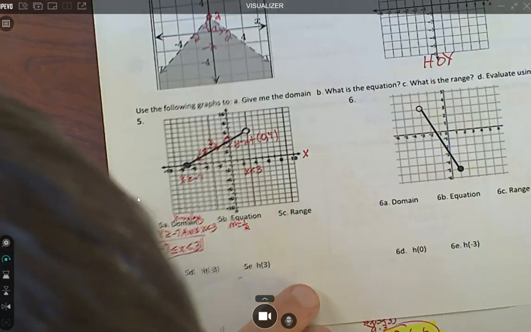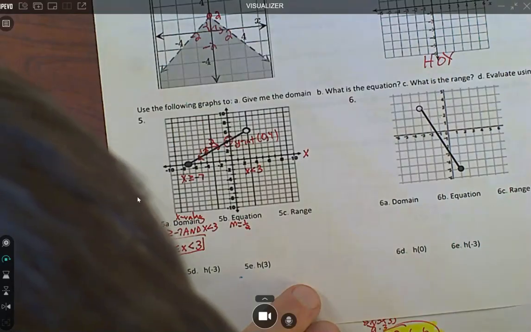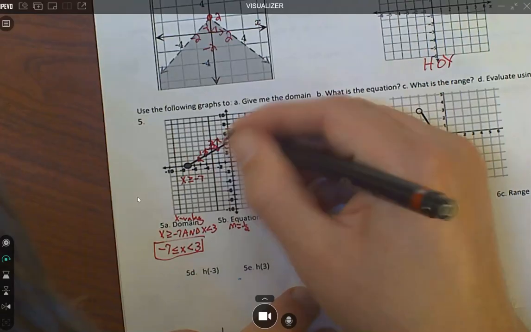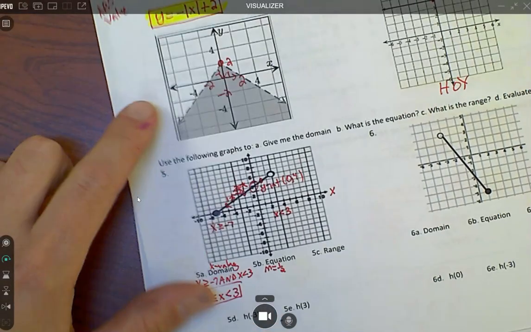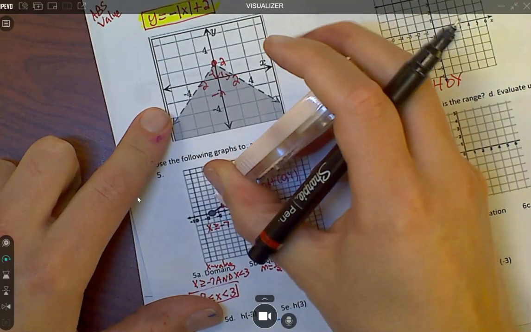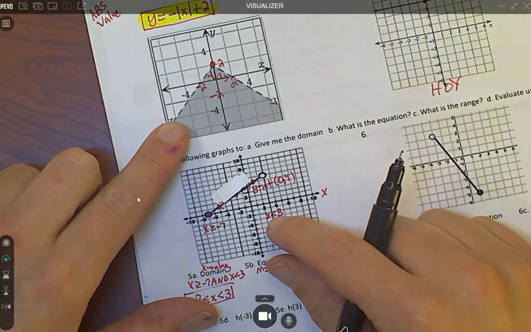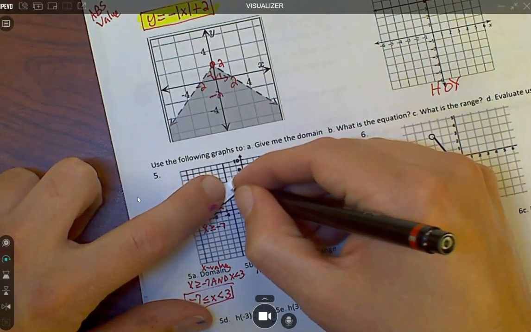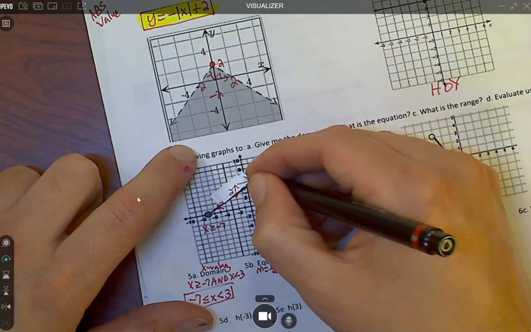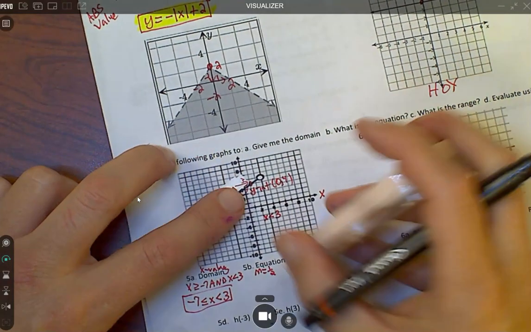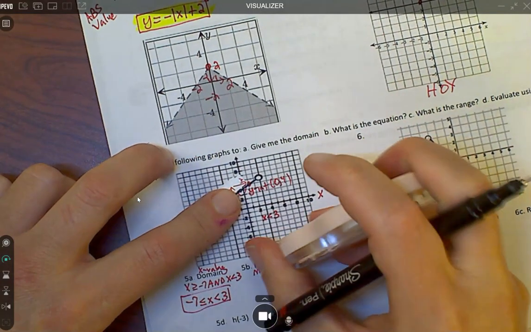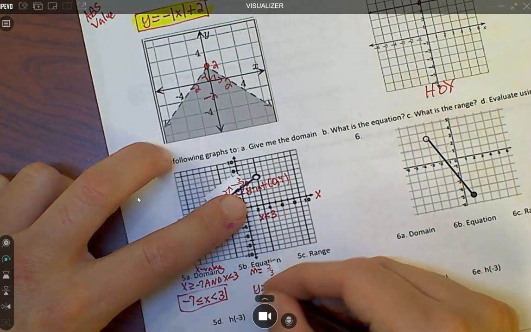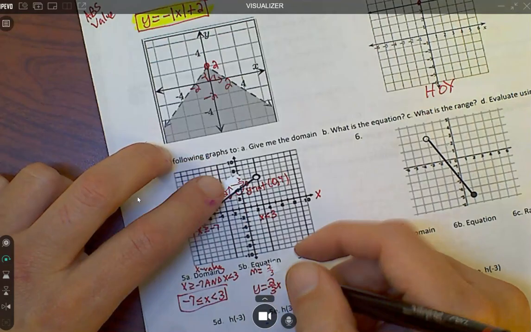Wait, no, not 1/3, 2/3. I'll mess all that up. Yeah, that's it. I went up 2, right 3. So it's y equals 2/3 x plus 4.